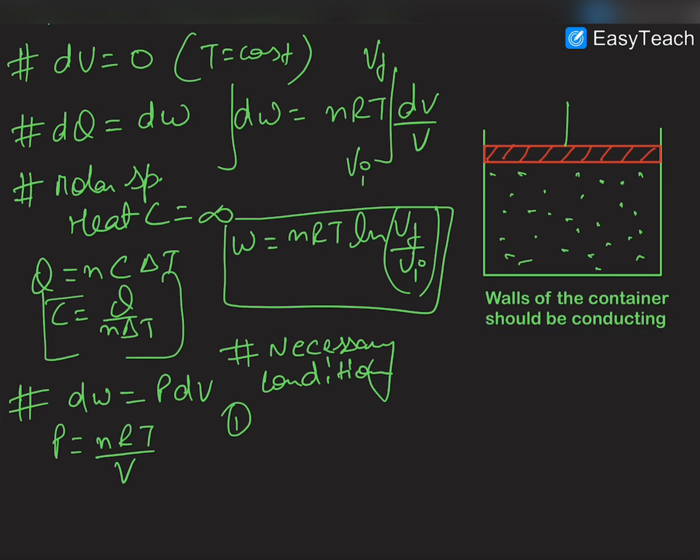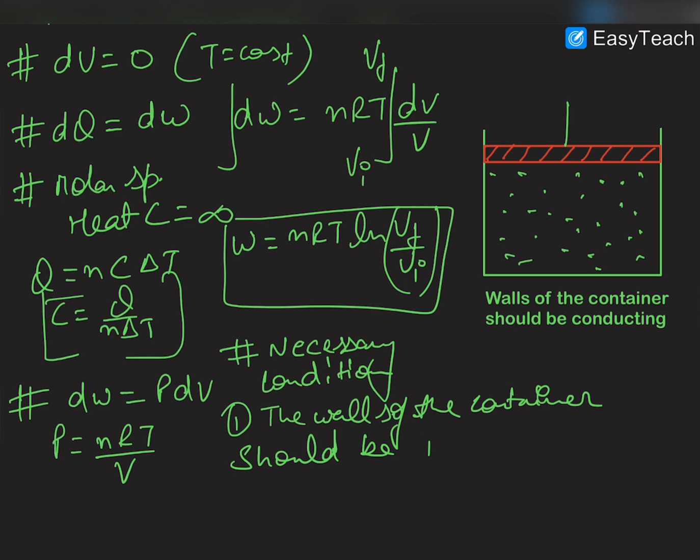Because if the walls are conducting, then that extra heat would be thrown out to the atmosphere or the surroundings, and hence the temperature of the gas can remain constant. So the first necessary condition is that the walls of the container or system should be conducting.